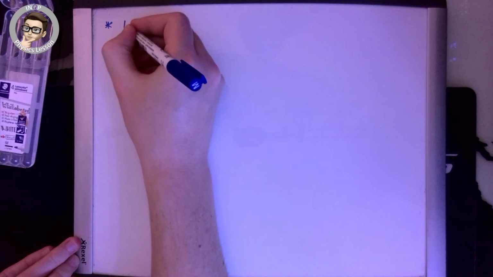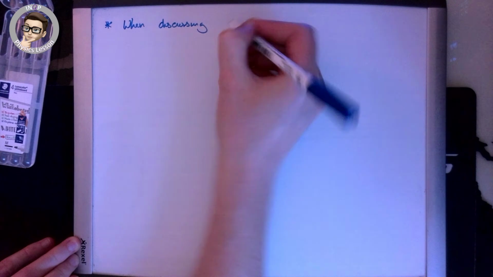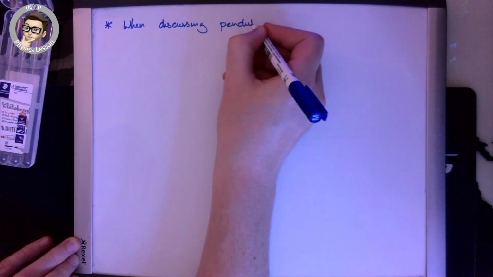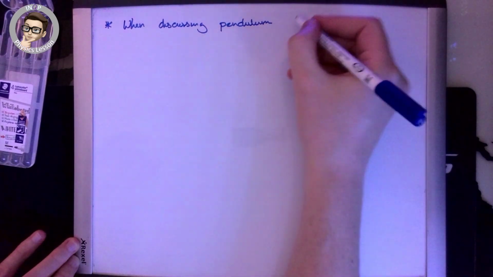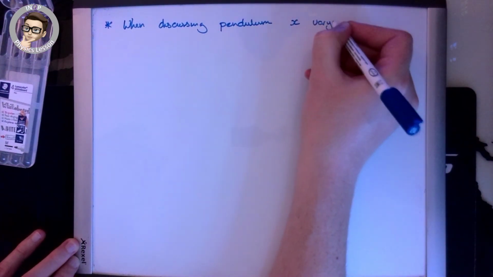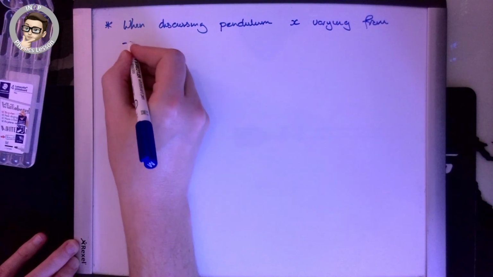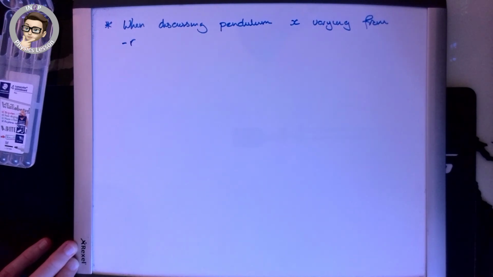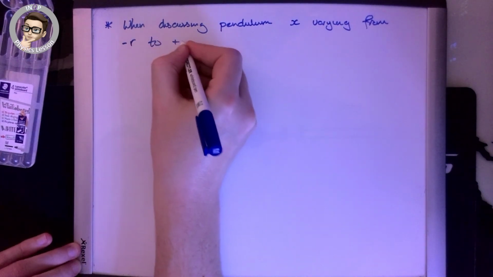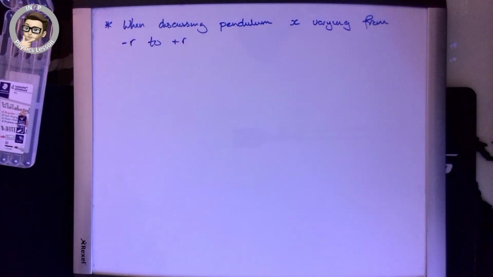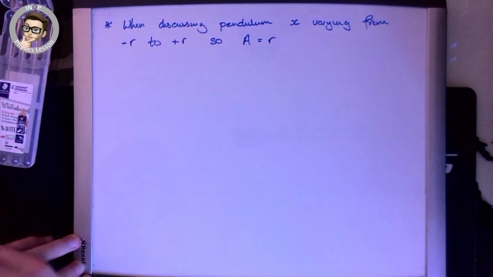But when we're discussing the pendulum, not the circular motion, then what we're going to say is actually that x is varying from a negative displacement, which we'll call r, to a positive displacement r. So we can redefine a as r.